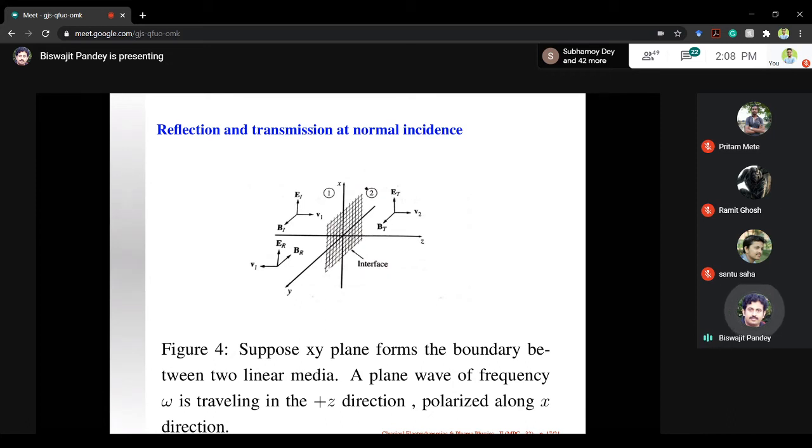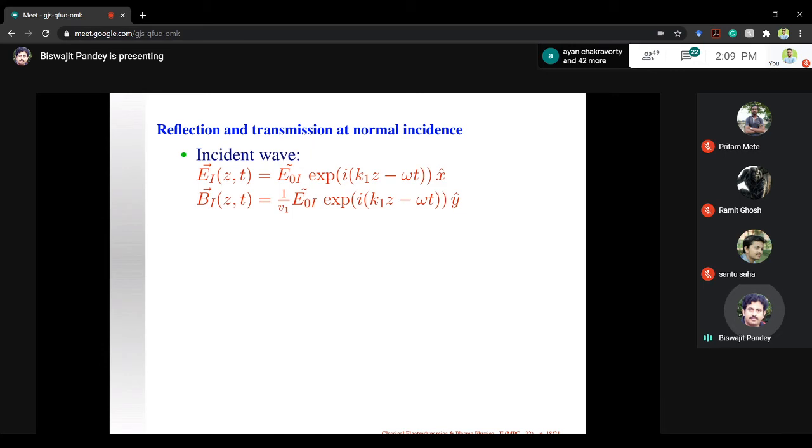When the frequency is the same and the wavelength is large, the wave will travel a larger distance, right? If the wavelength is small and the frequency is the same, it will travel a smaller distance. So basically, the speed of electromagnetic waves is different in the two media just because they have different wavelengths, right? The frequency is the same. Now, let us write down the plane wave solutions for the electromagnetic wave that we have seen from the wave equation, right?